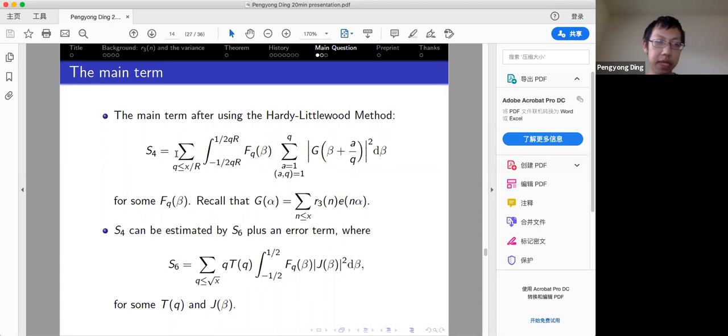And we need to change the range of the sum from q less than or equal to x over r to q less than or equal to root x. And t of q is entirely based on g, and this j of beta doesn't depend on the function R3 of n at all.